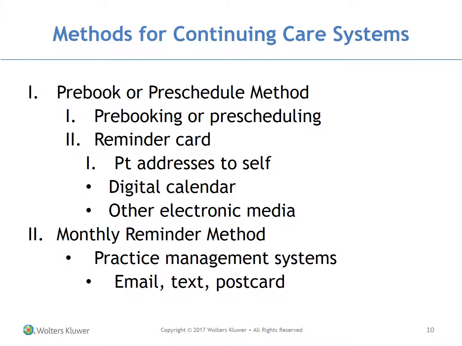Okay, now let's move on to this slide. When we talk about the methods for continuing care systems, there's a couple of methods. And probably the most common one now is to pre-book or pre-schedule.